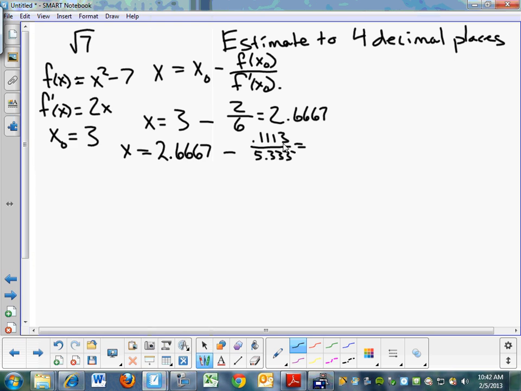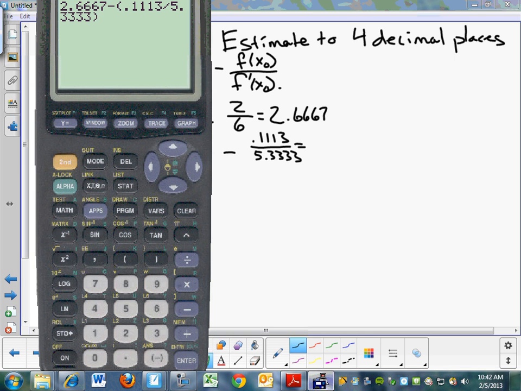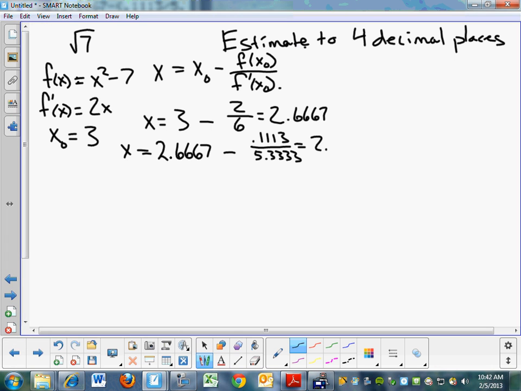Again, we should have that 4-3 there, and we press enter, and 2.6458. 2.6458.